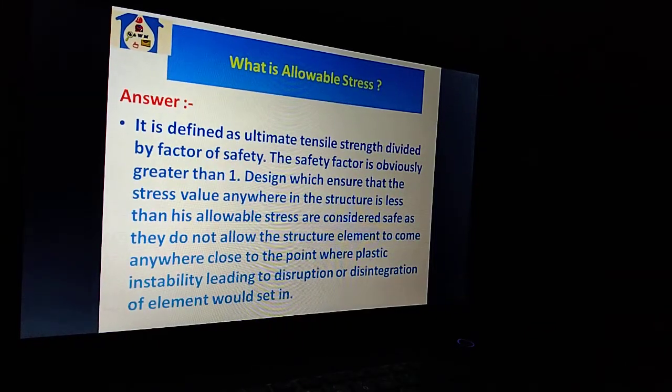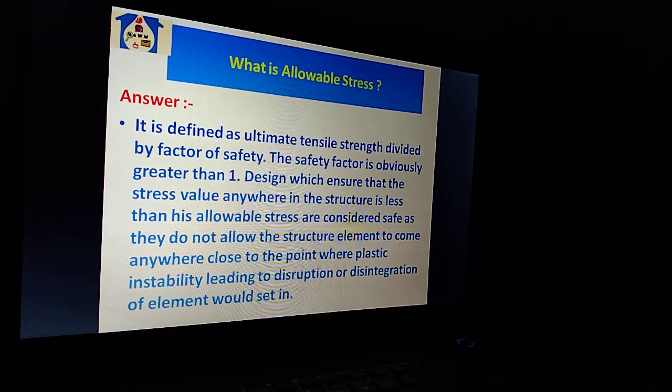What is allowable stress? It is defined as ultimate tensile strength divided by factor of safety. The safety factor is obviously greater than 1.